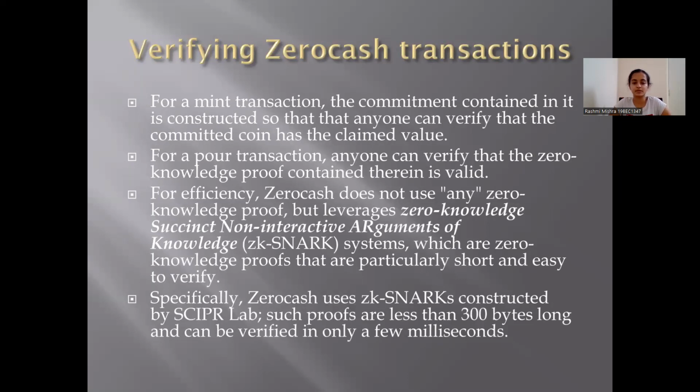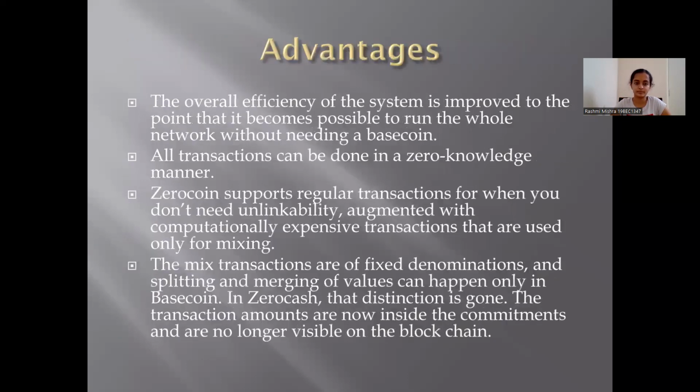For efficiency, Zerocash does not use just any zero knowledge proof but leverages zero knowledge succinct non-interactive arguments of knowledge (ZK-SNARK) systems, which are zero knowledge proofs that are particularly short and easy to verify. Specifically, Zerocash uses ZK-SNARKs constructed by SCIPR Lab. Such proofs are less than 300 bytes long and can be verified in only a few milliseconds.